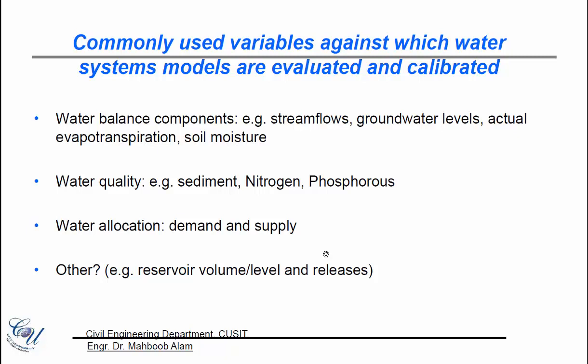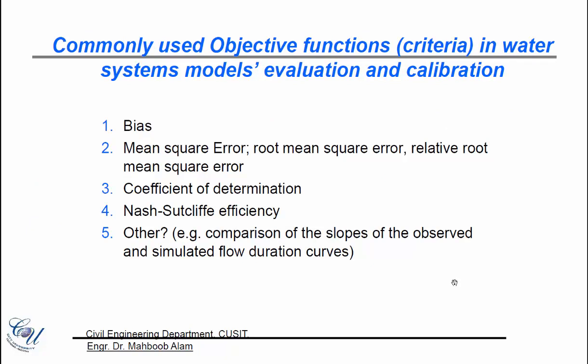We look at different kinds of objective functions, and by objective function we mean we are ultimately calculating how my model is performing. These performance indicators are bias, the mean square error, the root mean square error, the coefficient of determination, and the Nash-Sutcliffe efficiency. These are the things you should know about at this undergrad stage. You should know that there are certain objective functions that we use to find out how my model is performing.